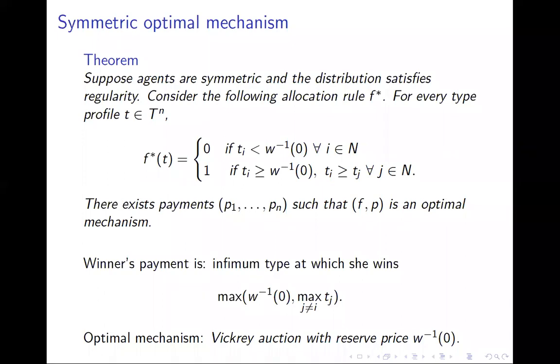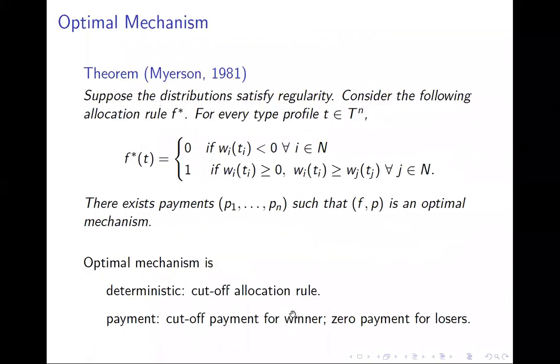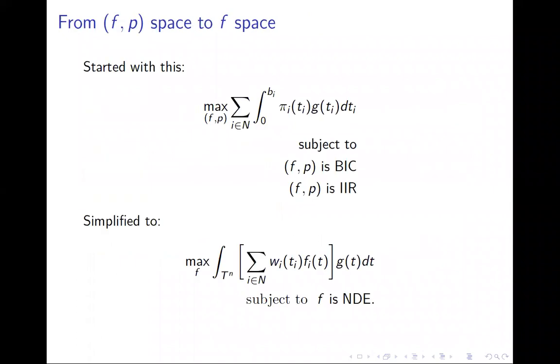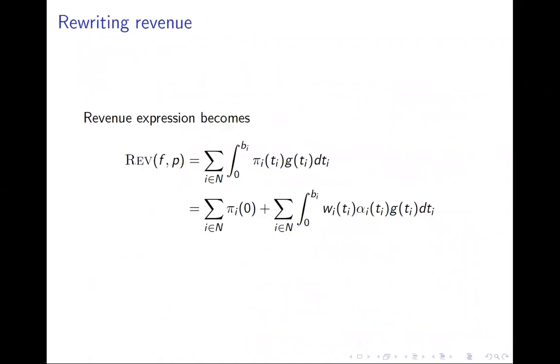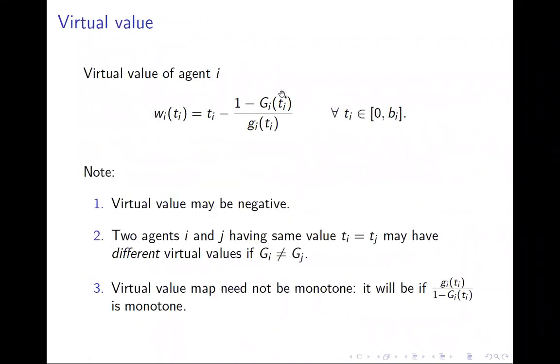One criticism of Myerson type of work is that these things depend heavily on priors. The W inverse 0 is computed from the distribution. Remember, W is a very distribution heavy function, so it depends on the distribution.